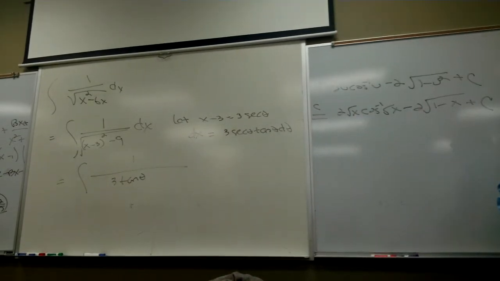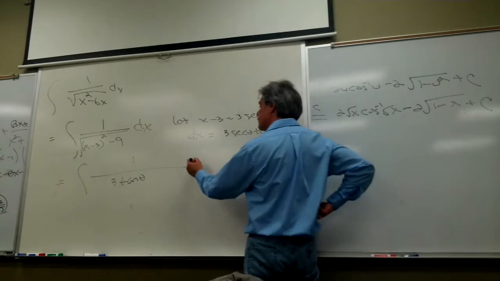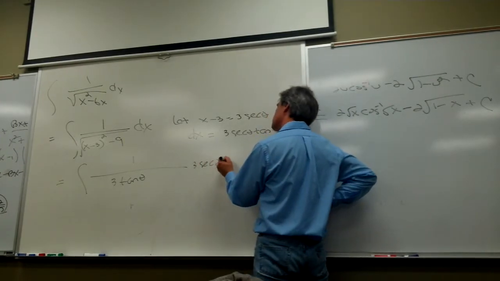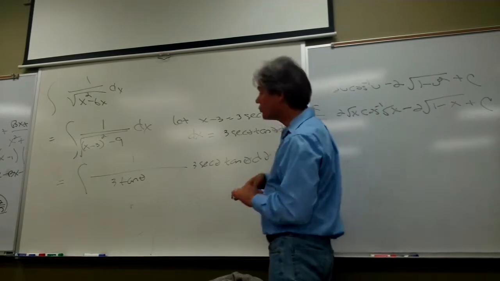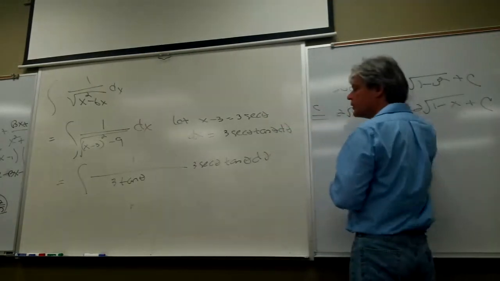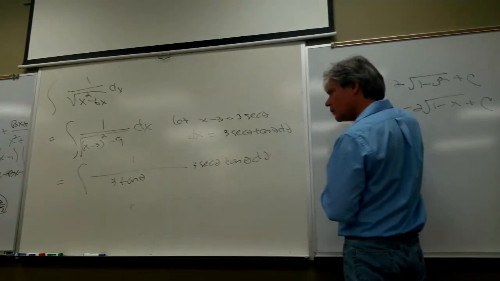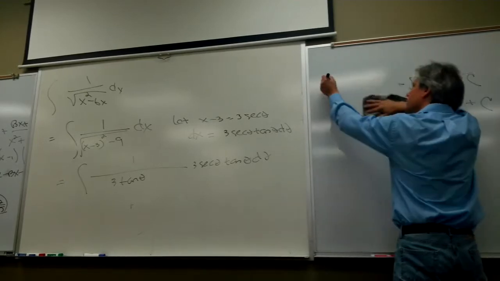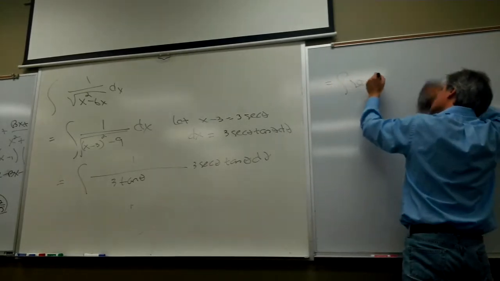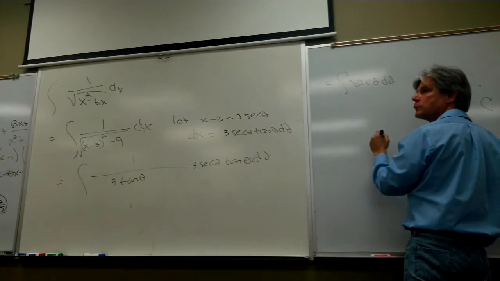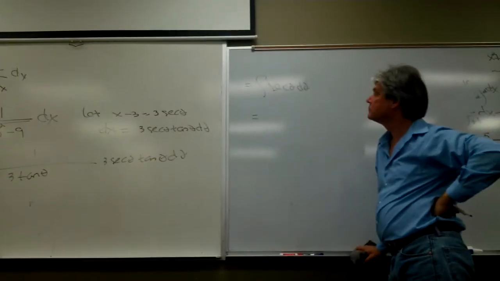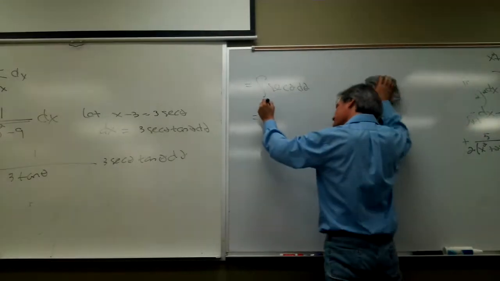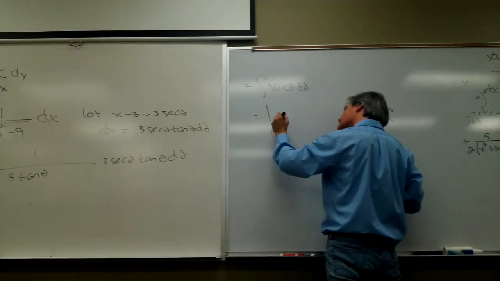But I think my dx is going to give me my 3 secant tangent. Or shall I say, that's merely going to give me a 1 secant theta? Or shall I say, did I miss something? No, I was just saying it's pretty. It is beautiful, isn't it? Natural log.